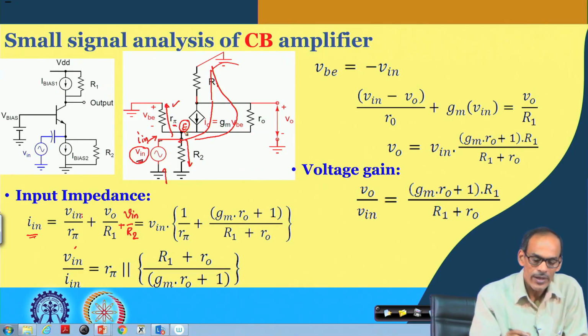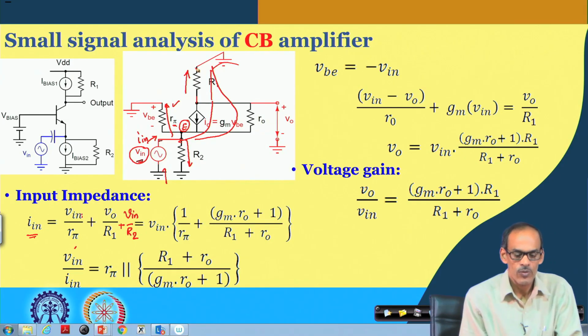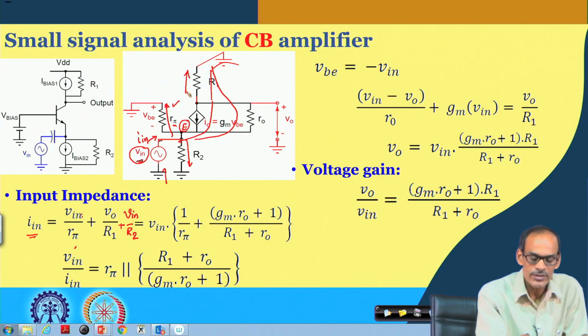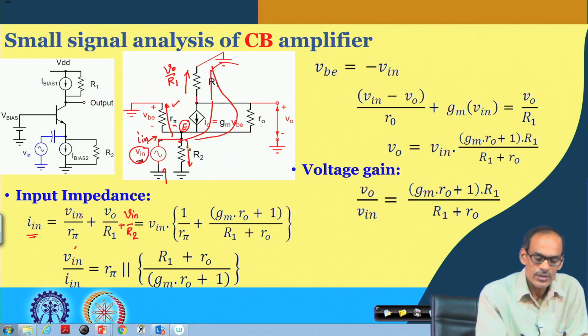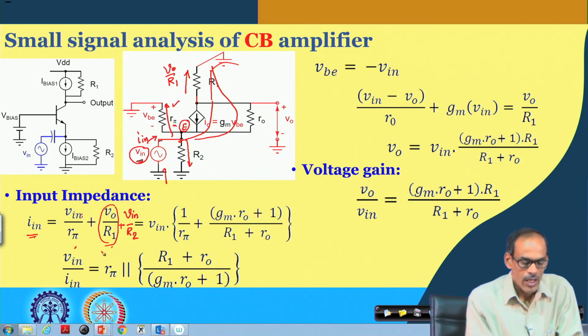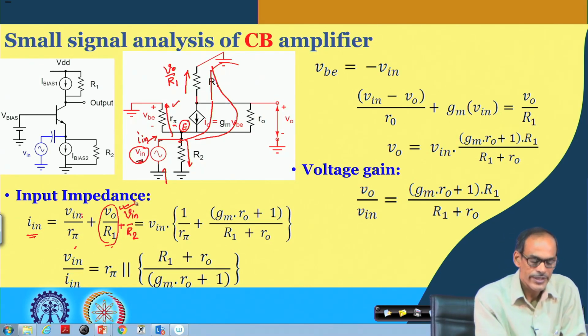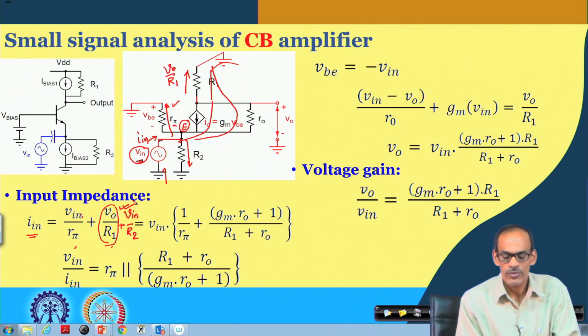And the other part of the current is the same as the current flowing through this R 1, and incidentally this current is V o divided by R 1. That makes our analysis simple. So, the third part of the current is V o divided by R 1, and we already obtained the expression of V o in terms of V in.